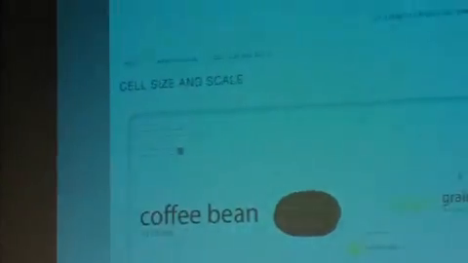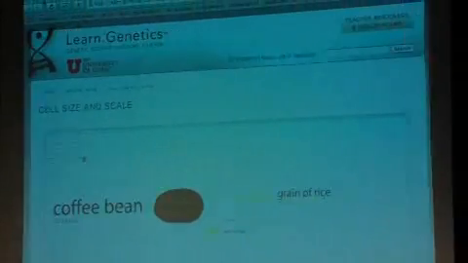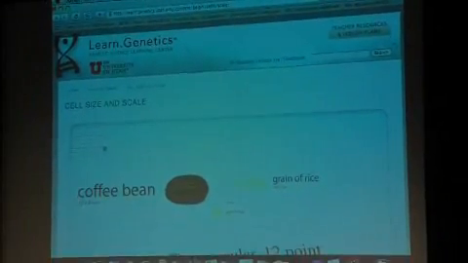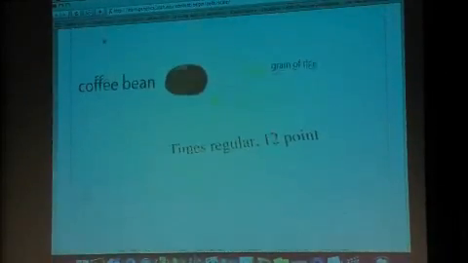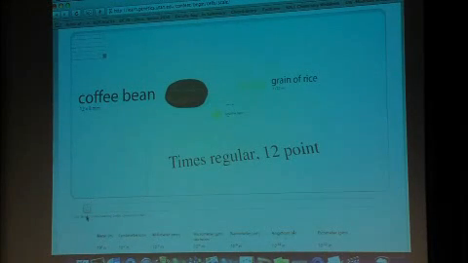I want to start out by taking us down to the nanoscale. Let me start with this beautiful website, which is hosted at the University of Utah. I don't know if Professor Granger had anything to do with this. No? Okay. This is a website that's devoted to teaching children about genetics.